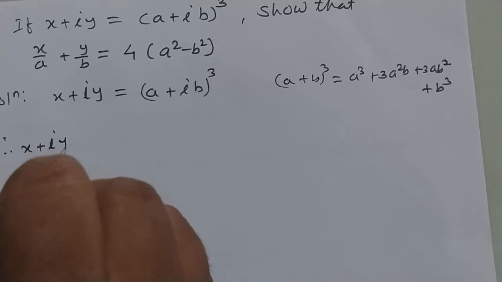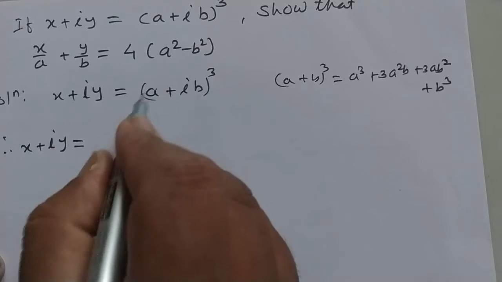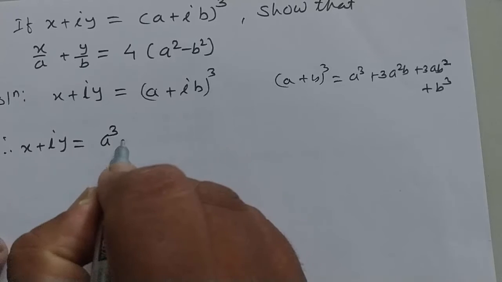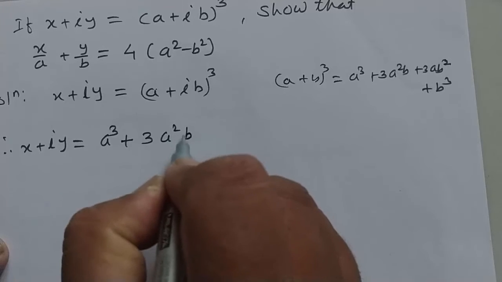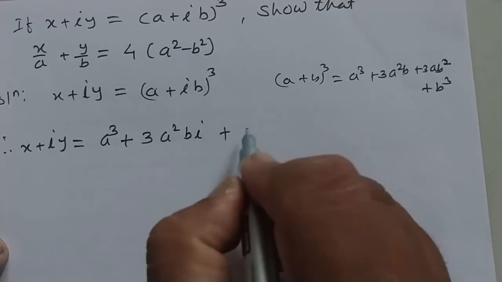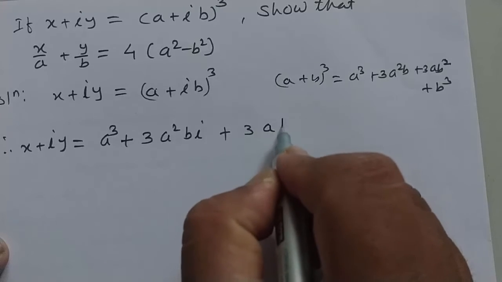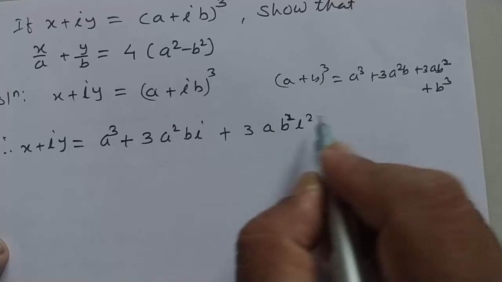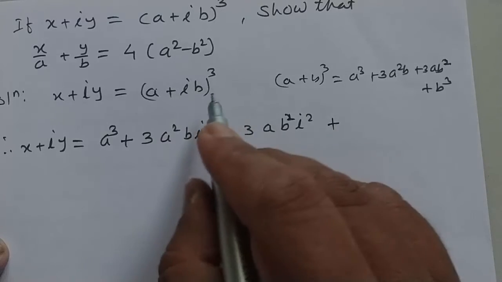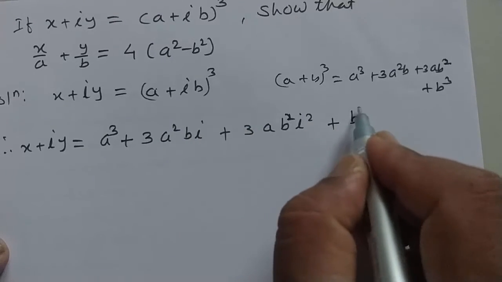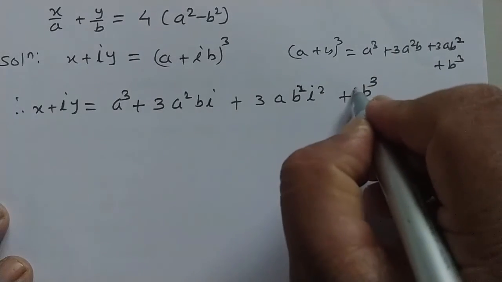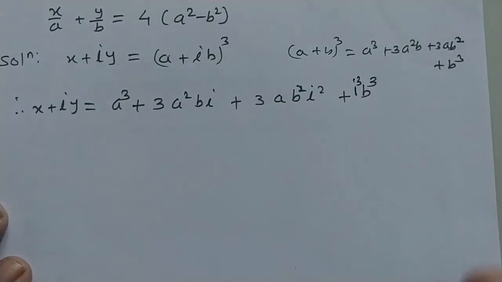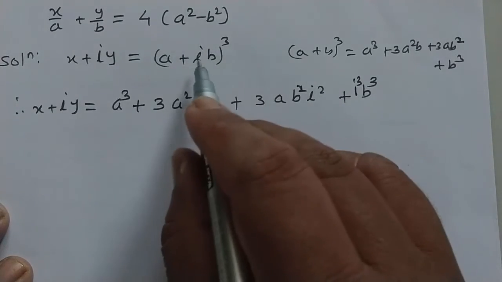x plus iy is equal to the cube of the first term, that is a cubed, plus 3 times a squared b into i, plus 3 times a into b squared into i squared, the square of the second term, plus the cube of the second term, i cubed into b cubed.